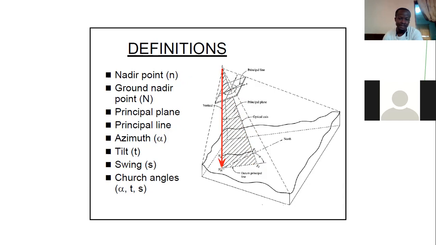It forms a plane. So the plane between the vertical and then the principal line is called the principal plane. Now, when we extend it all the way to the ground, we define the ground with this box. Are you okay? So it's assuming we're cutting a portion of the ground.